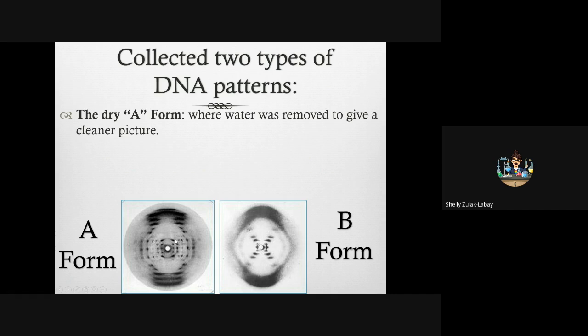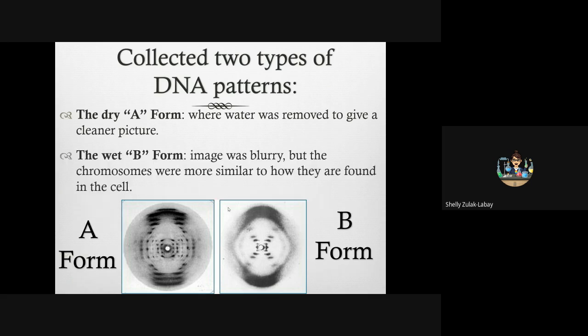This is the one that she thought would be 3 strands, based on the pattern of diffracted X-rays she was seeing. This other one is the critical one that was actually the most important part, but because it didn't match what she thought she was seeing, she kind of left this one aside and put it away in her laboratory. We would call this the wet B form.